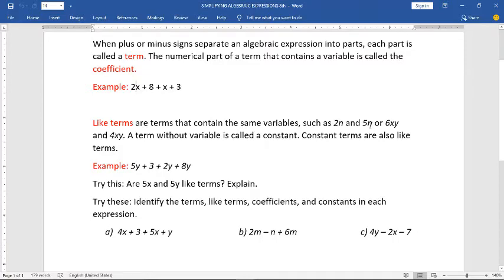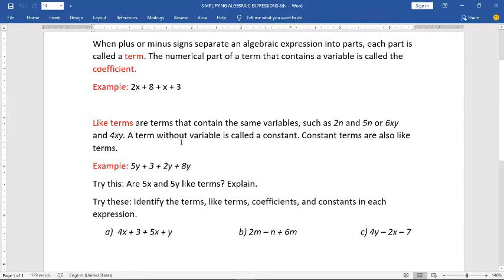Why are they like terms? Because they contain the same variable, which is the letter n. Or 6xy and 4xy, they are like terms too, because they contain the same variables, which are x and y.